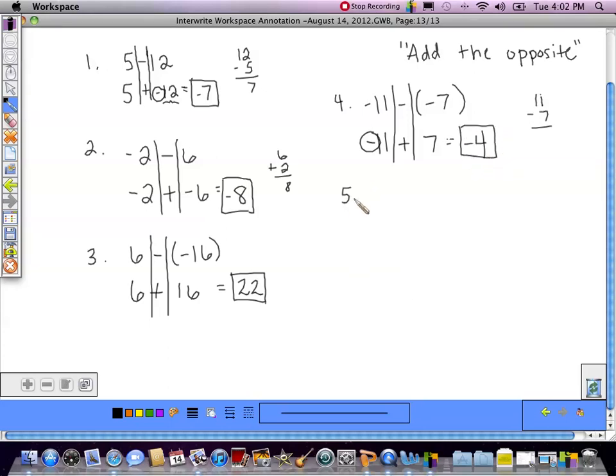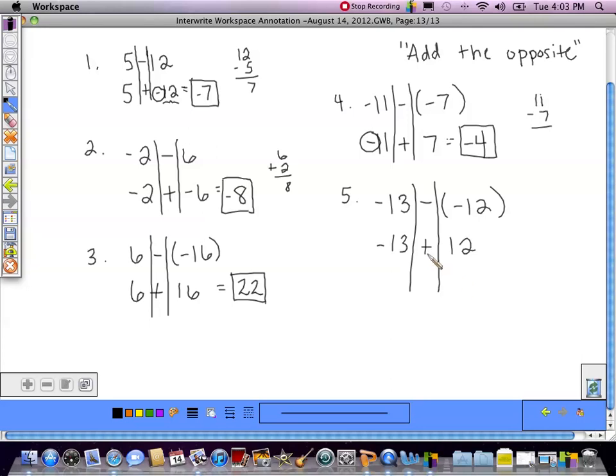All right, and for number 5, we have negative 13 minus a negative 12. Again, I'll draw my lines here. You keep the first number exactly the same, change the subtraction to addition, and change the second number to its opposite, making it positive 12.